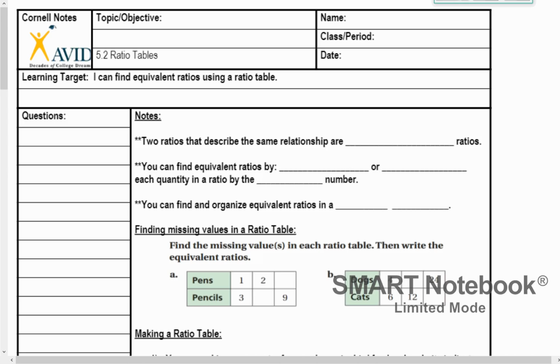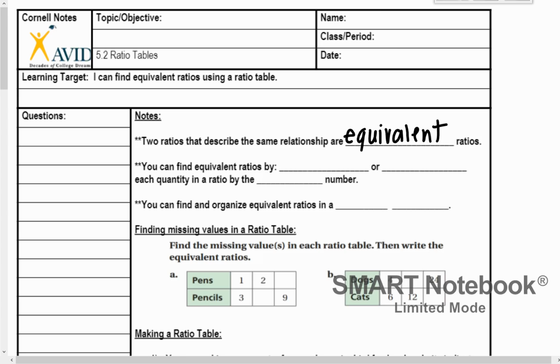All right. So let's just start off with some definitions and some general notes that we need to know. Two ratios that describe the same relationship are called equivalent ratios. Okay, and we kind of did this yesterday with simplifying ratios.